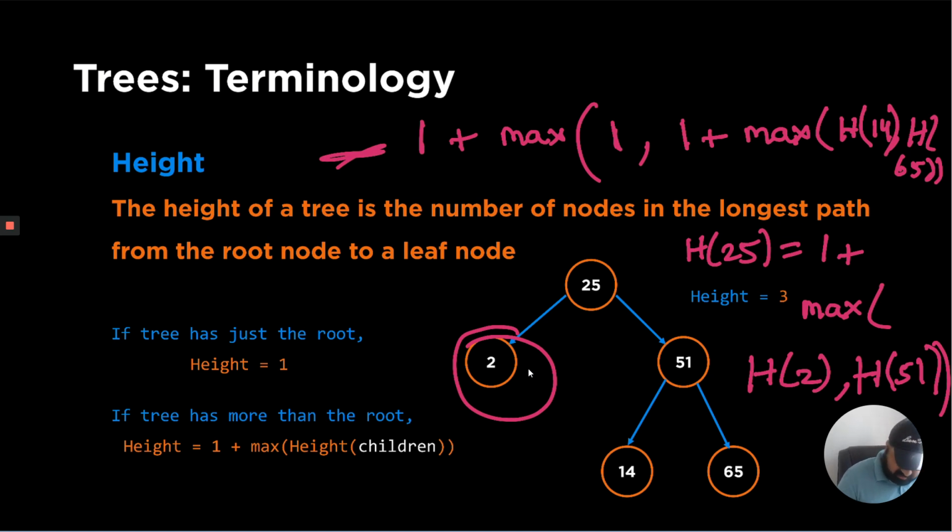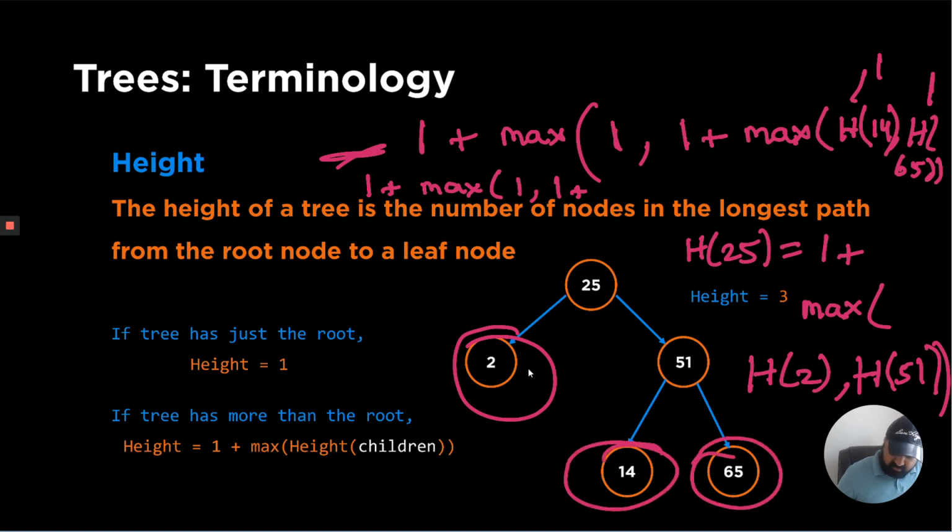If you simplify this, it would be 1 plus max of 1 comma 1 plus... both of these are 1, so you can take either one of them because these are root elements. So in this case it would be 1 plus max of 1 comma 2. Since 2 is a bigger number, it would be simply 1 plus 2, which is 3 in this case.